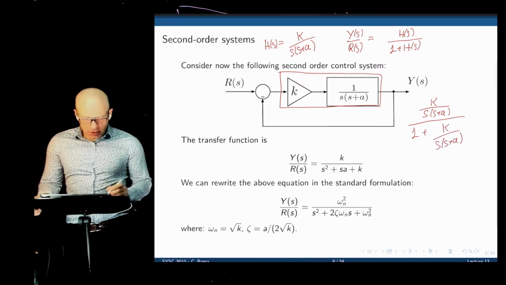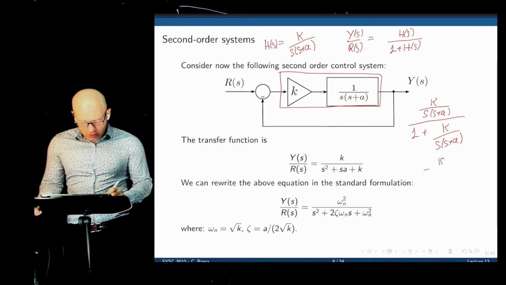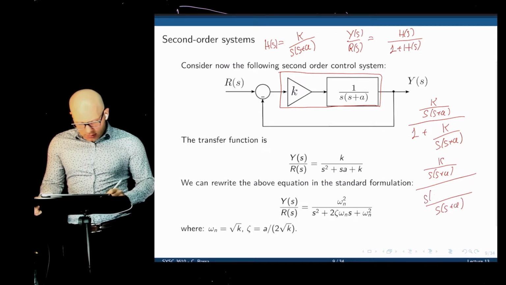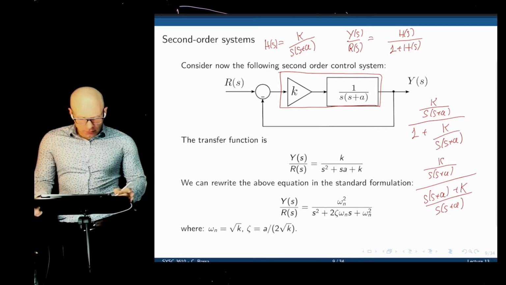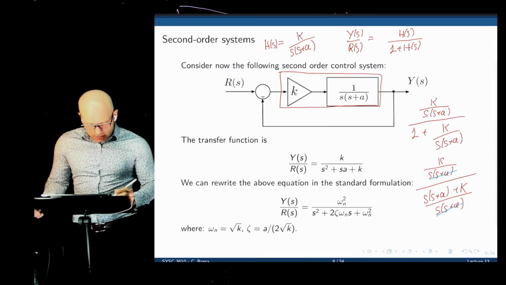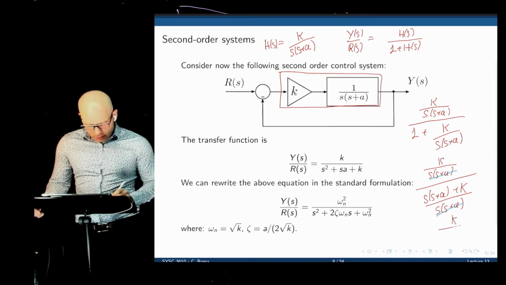Find a common denominator: s(s plus a) plus K. Now these two cancel out because they are the same, and you're left with K over s squared plus as plus K.